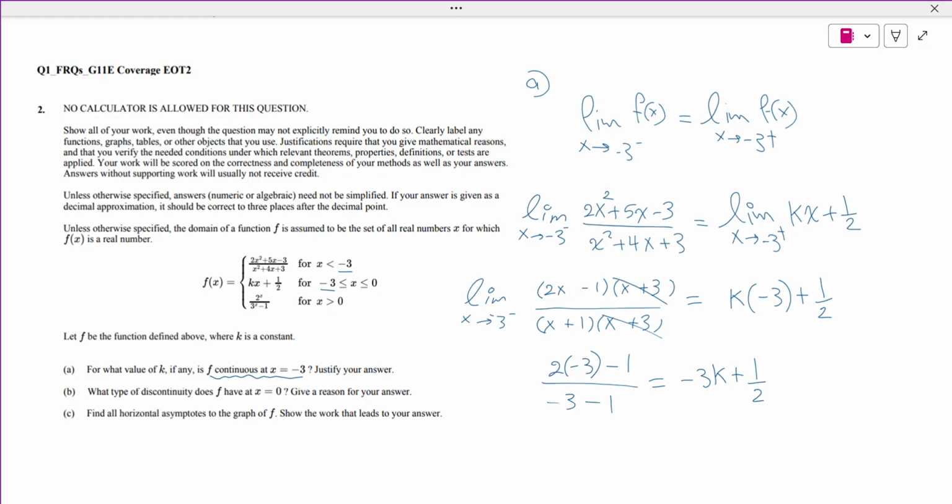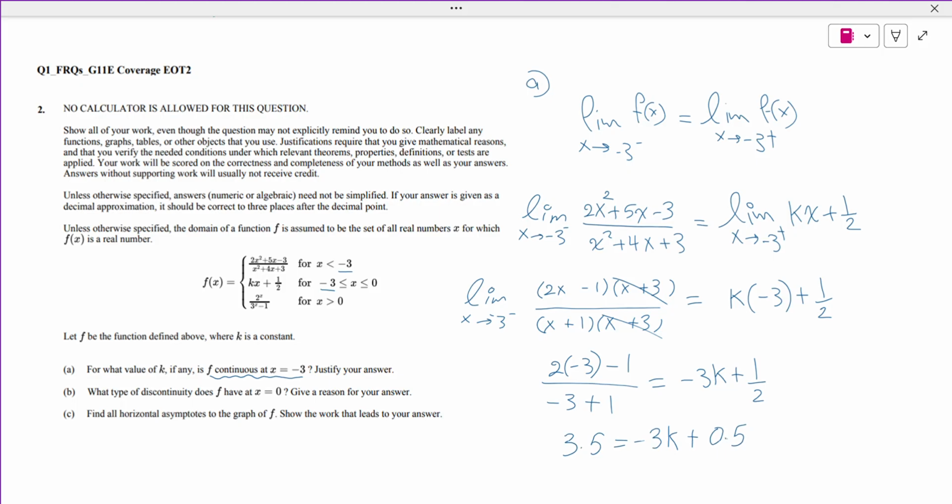So this one will be minus 6 minus 1, minus 7, over, what? This is a plus, isn't it? It's minus 3 plus 1. So minus 7 over minus 2, which is 3.5, equals minus 3k plus 1 over 2, it's the same as 0.5.